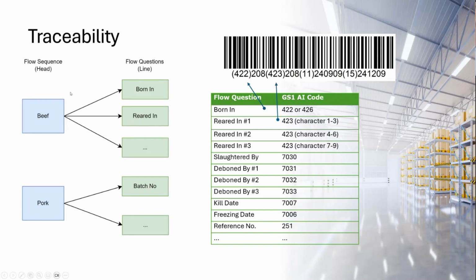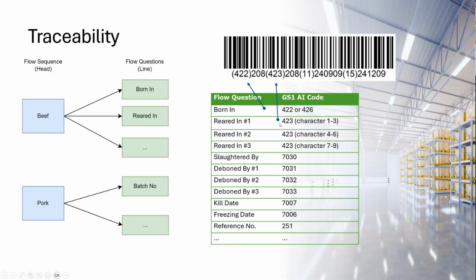And this is where you can create your own flow sequence, like with a header. For instance, here I made one called beef, and then you can attach different traceability questions to that flow sequence. For instance, here I attached born in and reared in to the beef flow sequence. And there's a list of different flow questions you can select from.